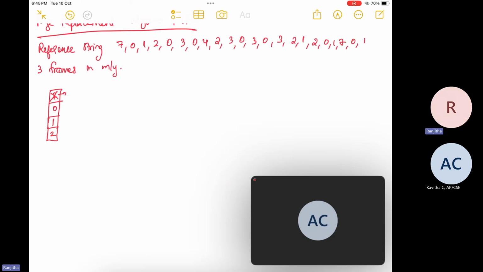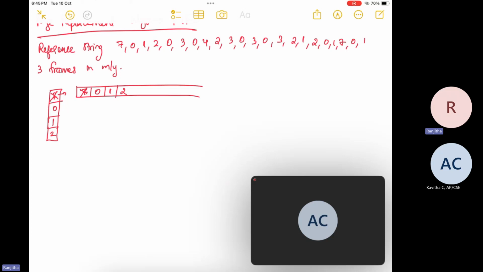It's easy if you draw it like this. It starts with first 7, then 0, then 1. At any given point of time, only 3 will be there. So when 2 comes, 2 is not there in the memory, so 7 will be replaced and 2 will be placed.